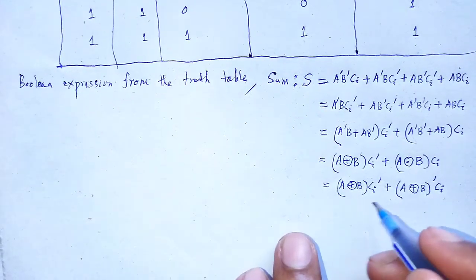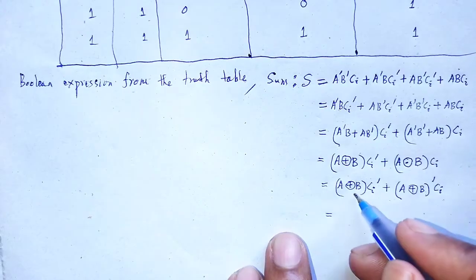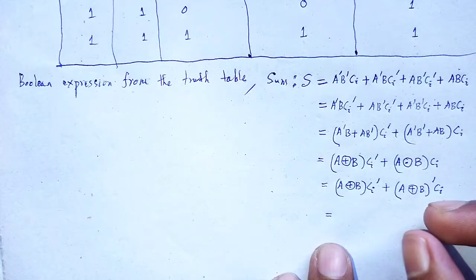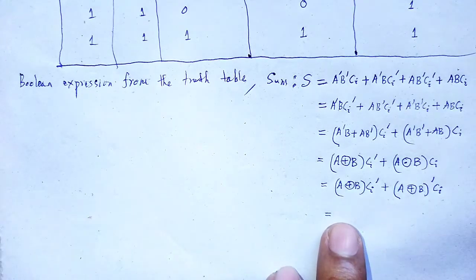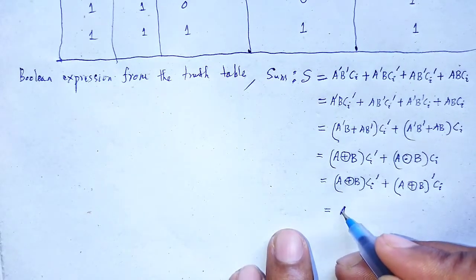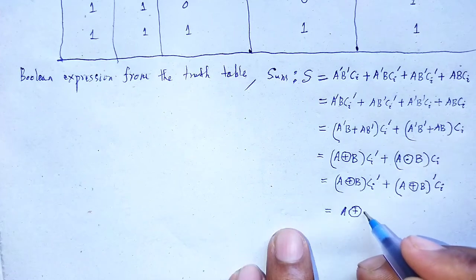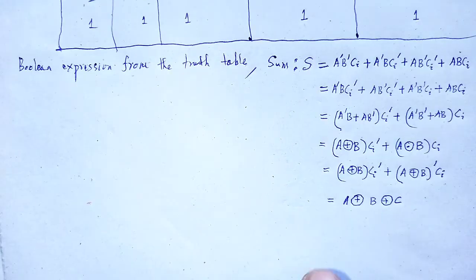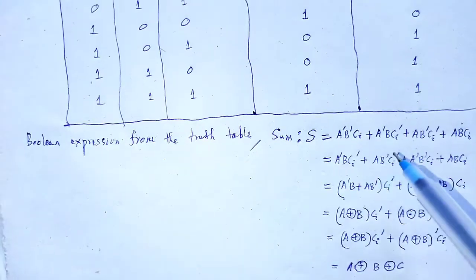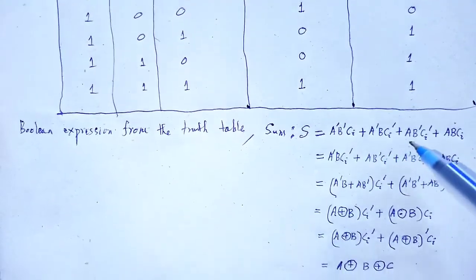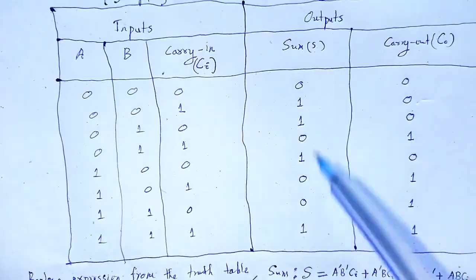From these two, that is AB prime plus A prime B, which is the definition of A XOR B, that is the basis of A XOR B XOR C. So the sum can be expressed as a Boolean expression by using that truth table.